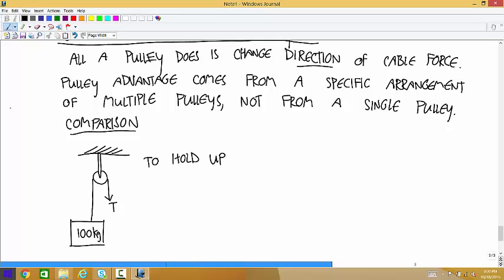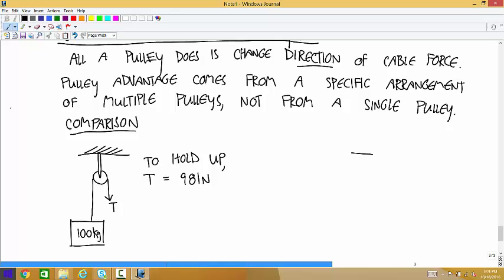So to hold this up, this one we can do the calculation for. T is equal to 9.81 times 100, so 981 newtons.